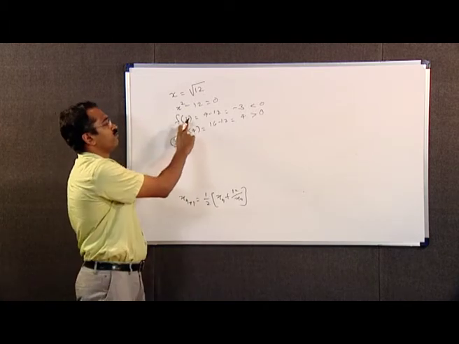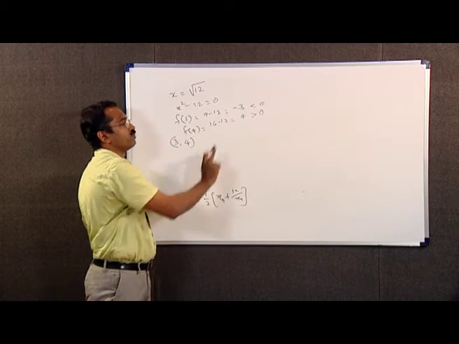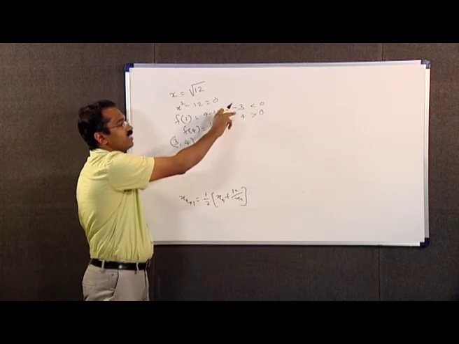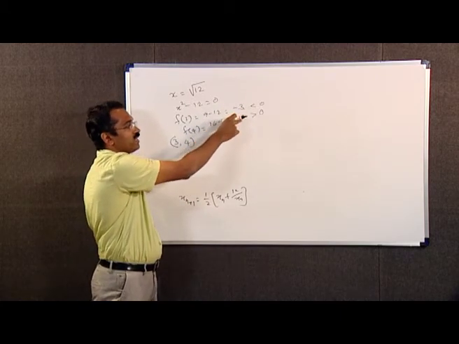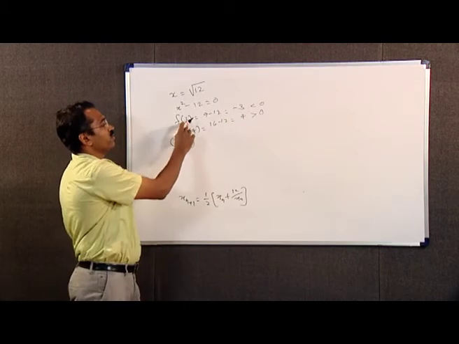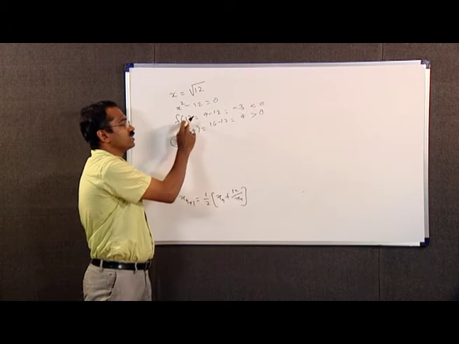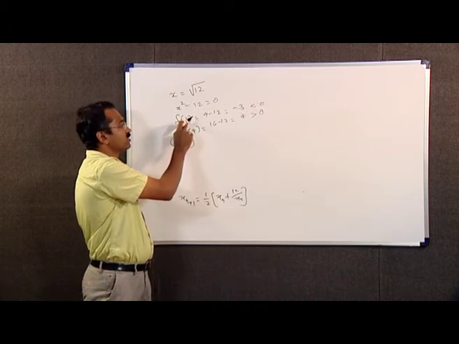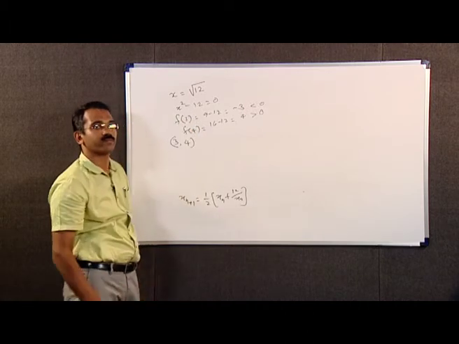Here f of 3 is minus 3 and f of 4 equal to 4. Minus 3 is closer to 0 than 4. Therefore, we can choose the arbitrary value x naught as very near to 3.